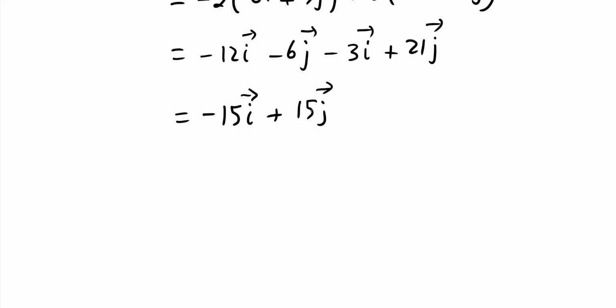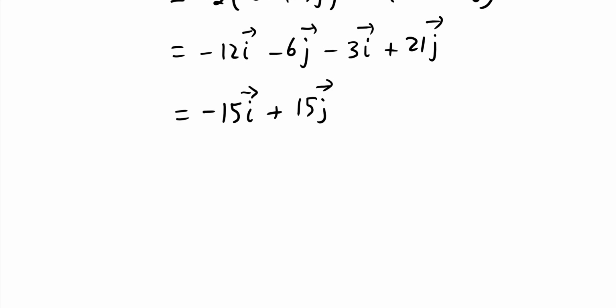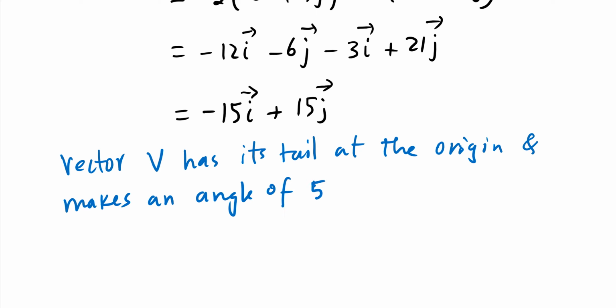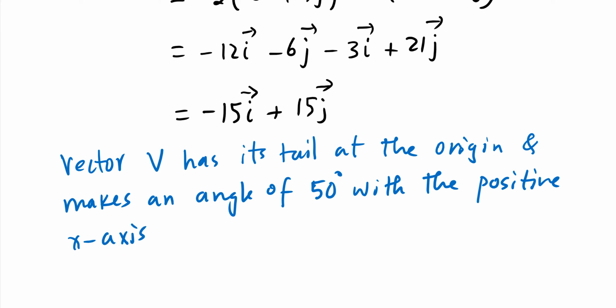So now let's look at another example. Let's say we have vector v that has its tail at the origin and makes an angle of 50 degrees with the positive x-axis.